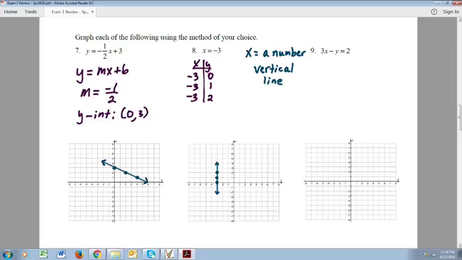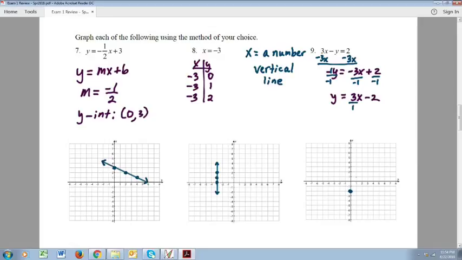All right, number 9, definitely it looks like we should just solve this for y, and then we can use the slope and the y-intercept to graph here. So we're going to divide everything by negative 1, and so we'll get y is equal to 3x minus 2. So our slope is 3, and we're going to start at our y-intercept, which is 0, negative 2.